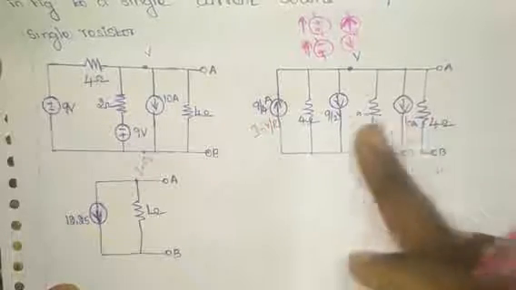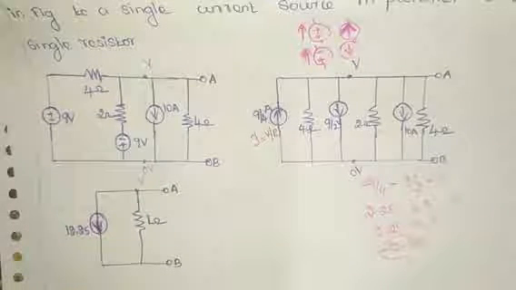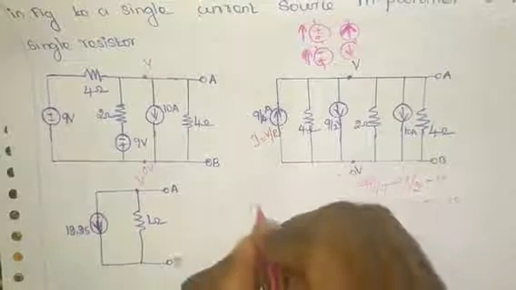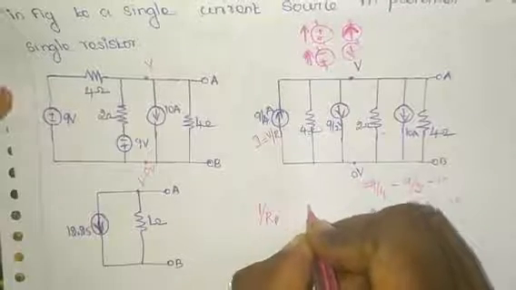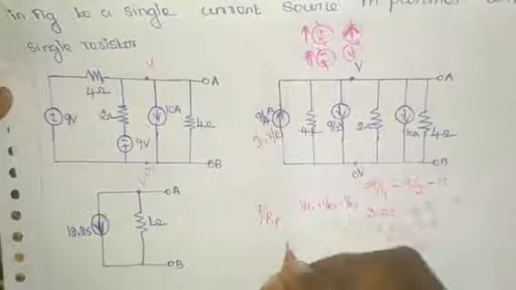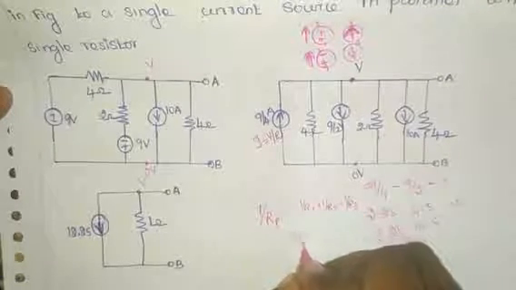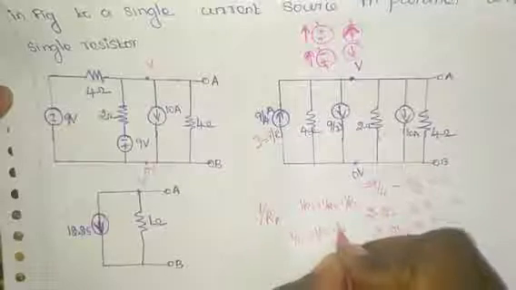Now I have to combine all 3 resistors which are in parallel. When resistors are connected in parallel, the equivalent value is given by 1 by Rp equal to 1 by R1 plus 1 by R2 plus 1 by R3. Here the R1 value is 4, R2 value is 2, and R3 value is 4.